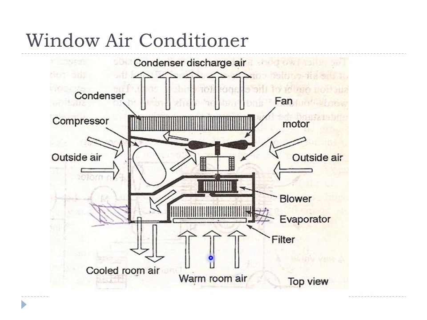So room air is taken inside this compartment, because when this blower starts rotating, it will create some vacuum over here, and since inside the room the pressure is normal atmospheric pressure, and in front of this blower the pressure is low, there will be flow of warm room air inside this compartment.